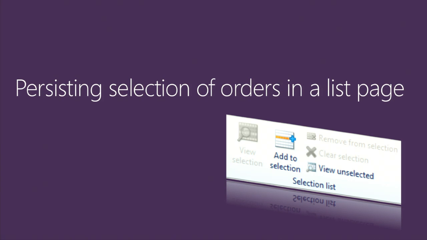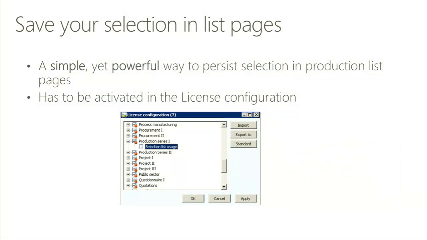So if I go to the planned orders here, maybe I should, before I go there, I have this one slide saying that when you want to use this, save your selection in list pages, you should go in on the license configuration and put a check mark on the selection list usage.